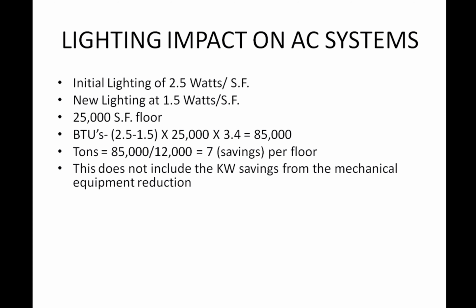So that's how you get to 85,000, as we covered in the first part of the lecture. You take that 85,000 BTU divided by 12,000, which is how you convert to tons, and that's 7 tons per floor of cooling that you save. So you're saving on the electricity and the wear and tear on the equipment, and that's only isolating just a lighting example.